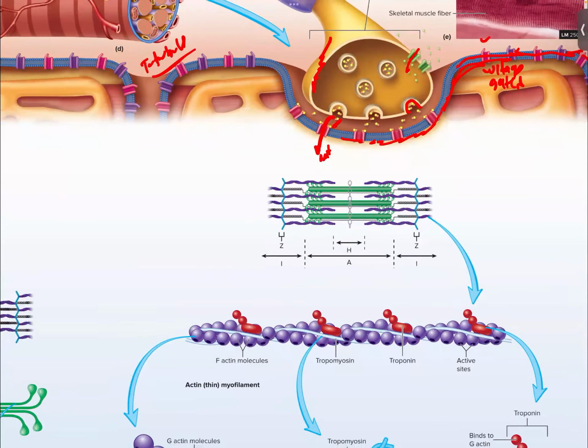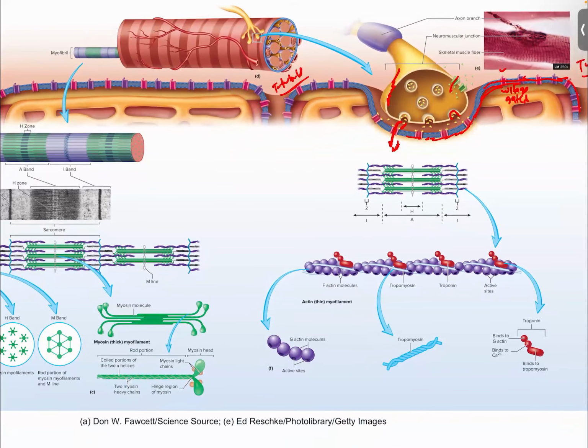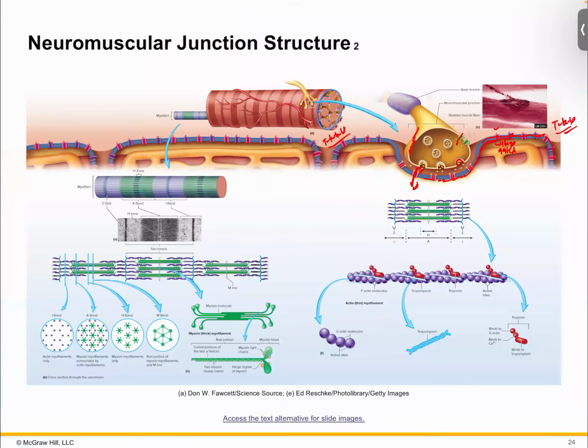Wow. Is there a good reason why there is a gap as opposed to direct contact? That's a good question. So why not direct contact? Well, first of all, it's a little easier to rewire if there's not direct contact.